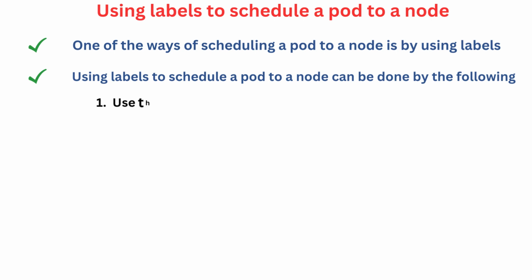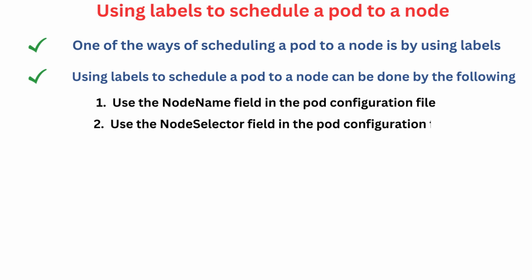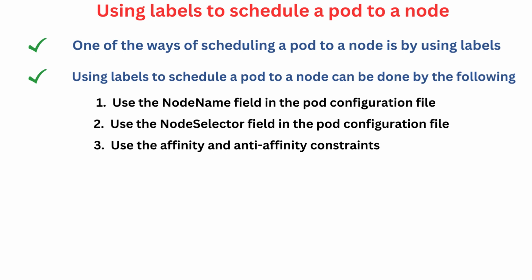One, we can use the node name field. Secondly, we can use the node selector field. And the third one is that we can use affinity and anti-affinity constraints. In this lesson, we'll look at using node name and node selector fields only. We will look at the affinity and the anti-affinity constraints in other lessons.